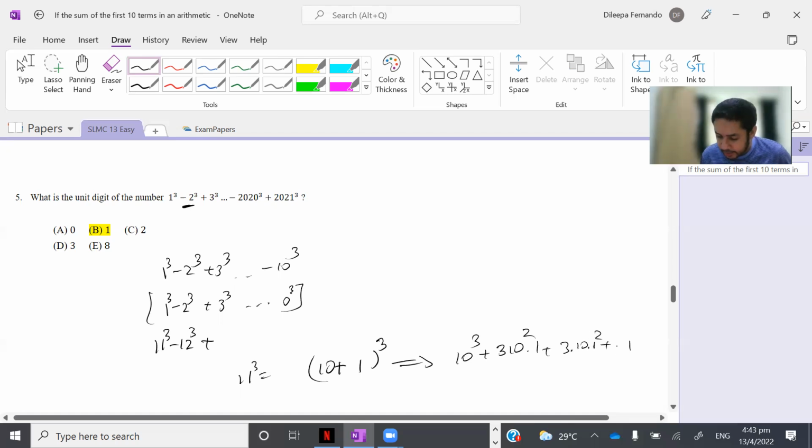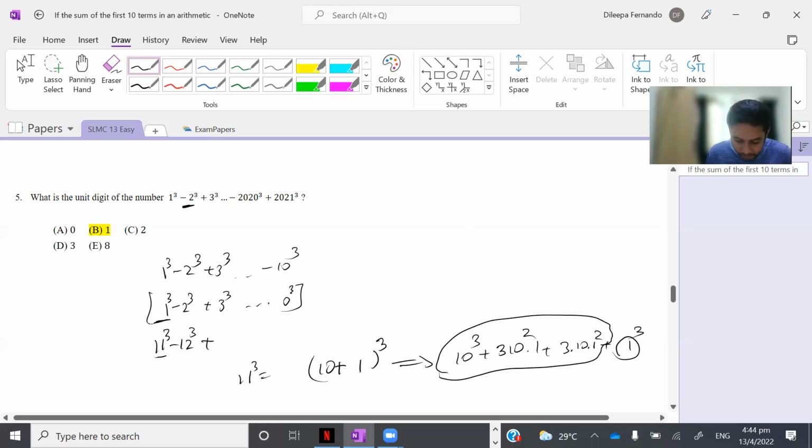You can see that except the last term, which is the cube of the last digit, all other terms are divisible by 10. That means the unit digit of the cube of 11 reduces to the unit digit of 1.